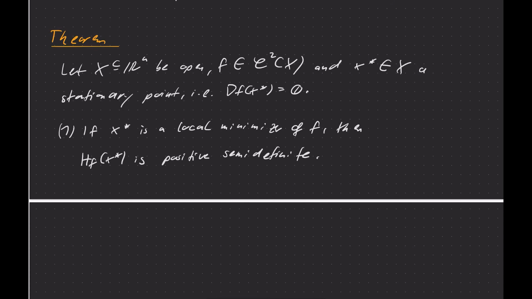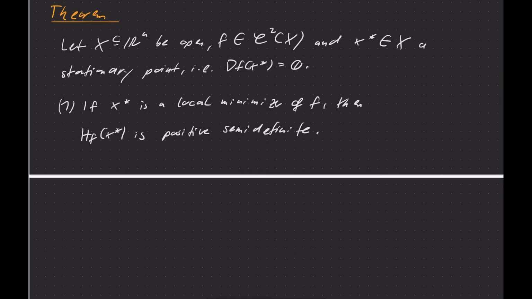The reverse, however, is not true. Not necessarily. If the Hessian is positive semi-definite, then we need not have a local minimum. So what is true is if the Hessian is positive definite, excluding the semi case, then we have a local minimum.